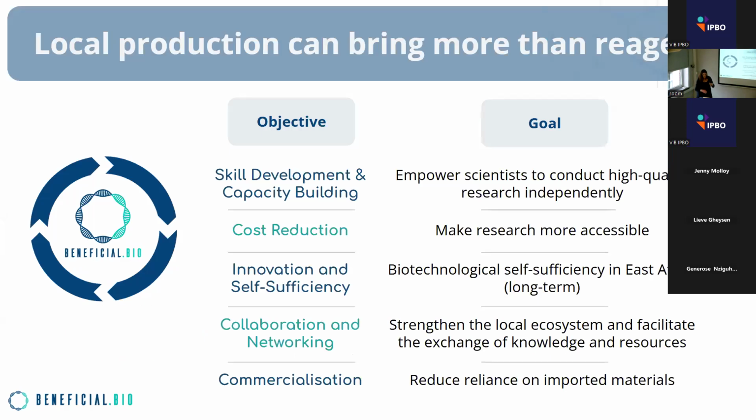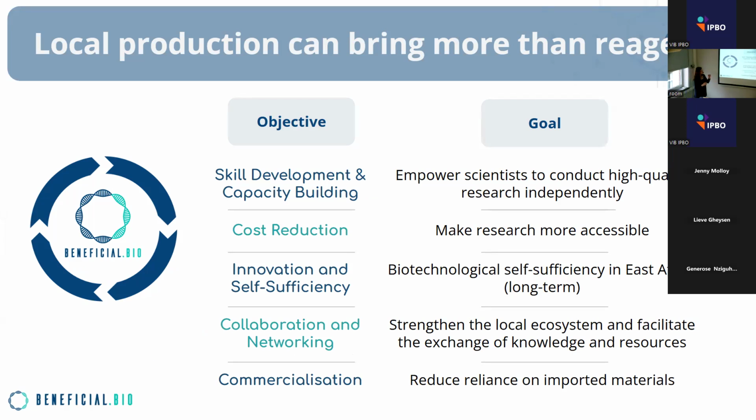And so we've already highlighted some of the things that local production could bring. You could argue that maybe the best approach is just to talk to the bigger companies and encourage them to send stuff faster and drop their prices. And I say, let's do that as well. However, the reason that we're proposing a local production approach is because it has some additional benefits, we feel.